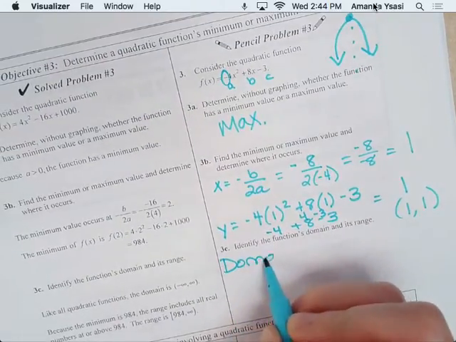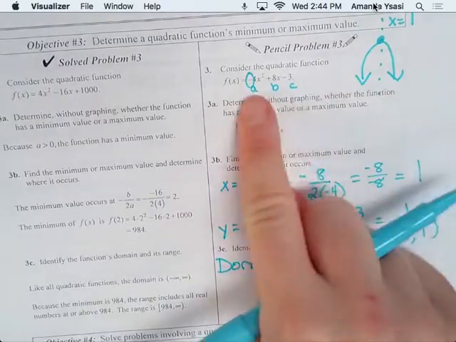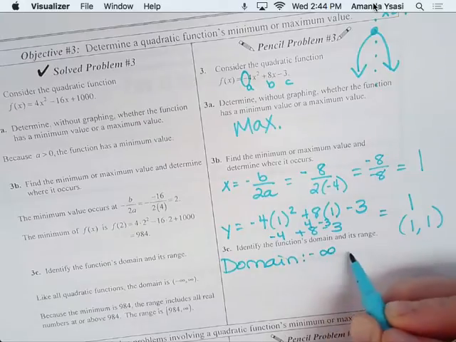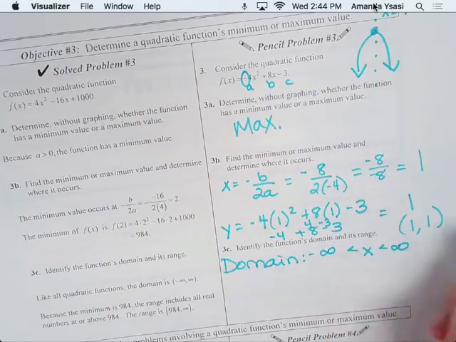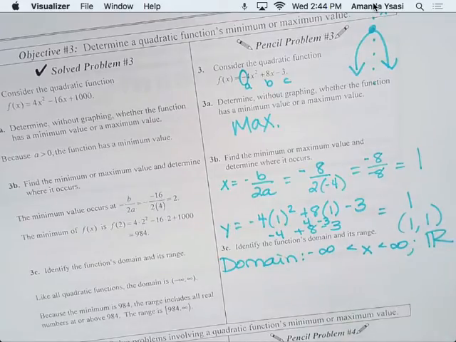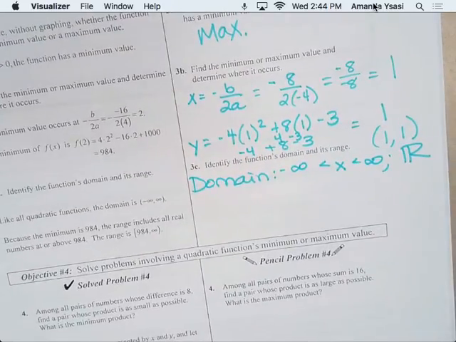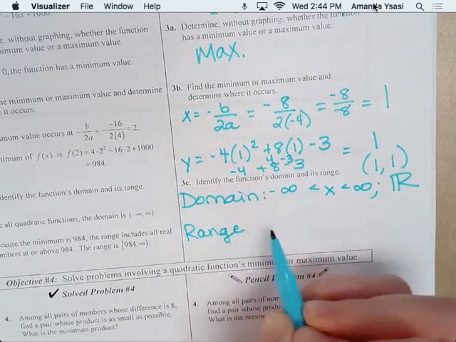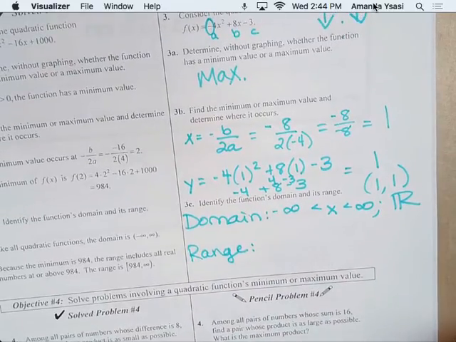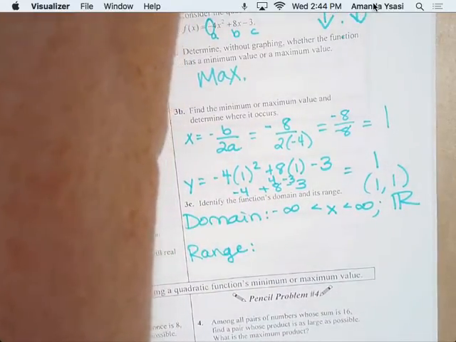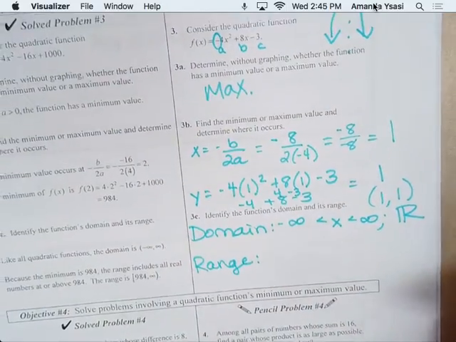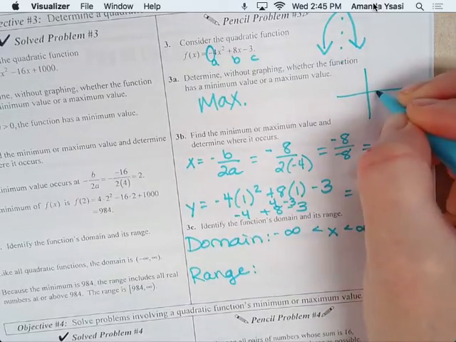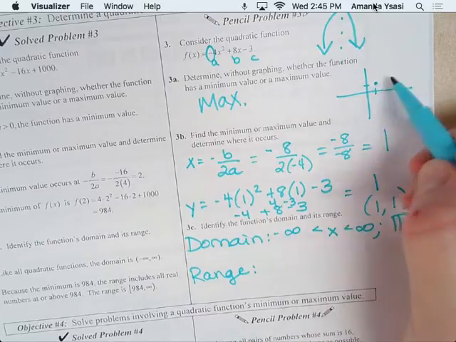And domain has no restrictions because it's going to continue to go left and right in both directions. So it's all real numbers, or negative infinity is less than x is less than infinity. I'm going to put all real numbers too. So then since our maximum is at 1, 1, it's going like that.